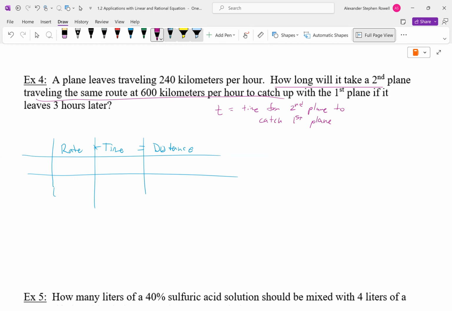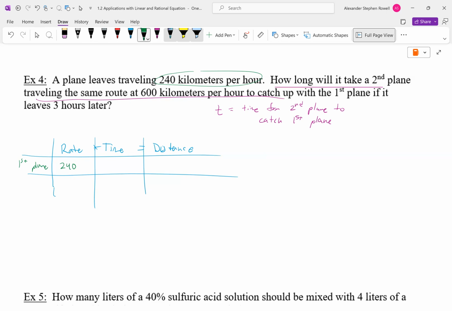Okay, so our rows are going to be the objects that are traveling. The first one we'll say is the first plane. Do we know any of the first two things about the first plane? The rate or the time? Very good. 240 kilometers per hour is the rate of the first plane.